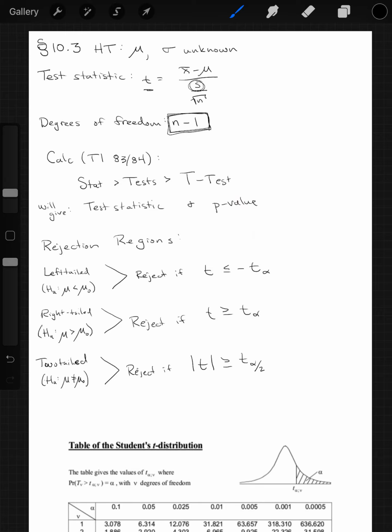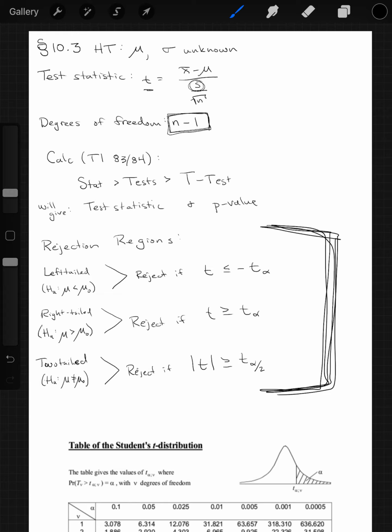Now, we still have the same two methods for drawing a conclusion, except we don't have the same tables, at least in our book. We don't have the same tables to find p-values as we do for sigma being known. So if we want to do this by hand, we're going to go with rejection regions only.